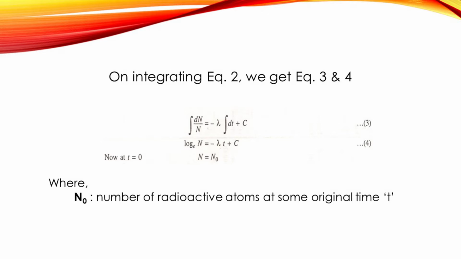On integrating equation 2, using the variable separable method, we can get equations 3 and 4, where N0 represents the number of radioactive atoms at original time t.